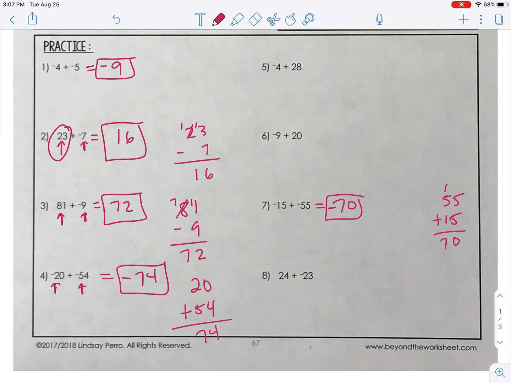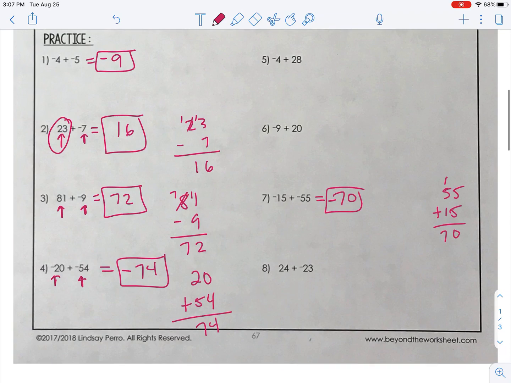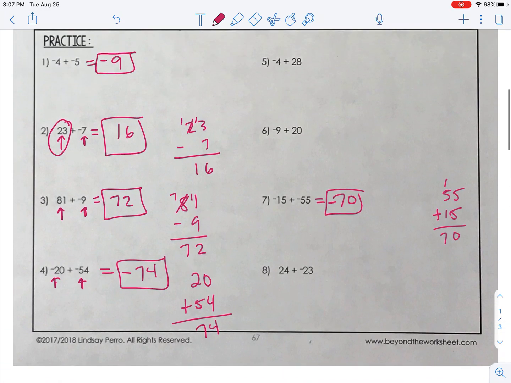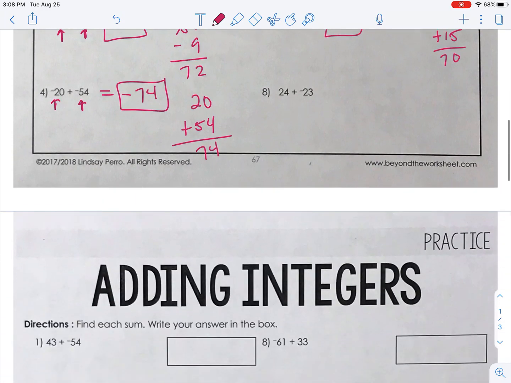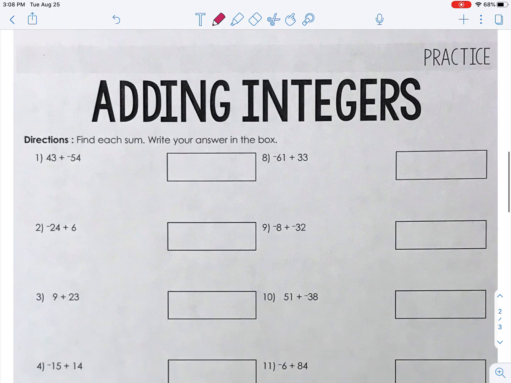So that's the last problem I want to do out of this set of practice. This was just your notes. These are the problems that I want you to complete and turn in. So what I would like for you to do is either print this off so you can work on the paper that I have attached as it is provided, or get out a piece of notebook paper and write the problem down.